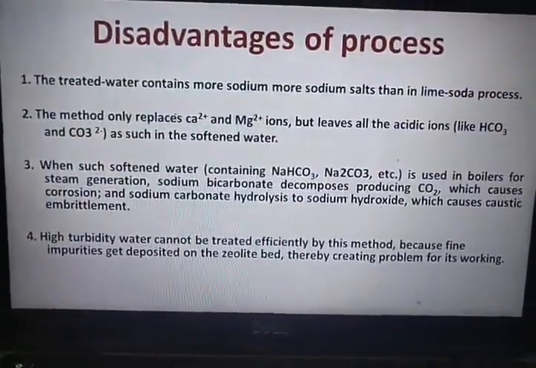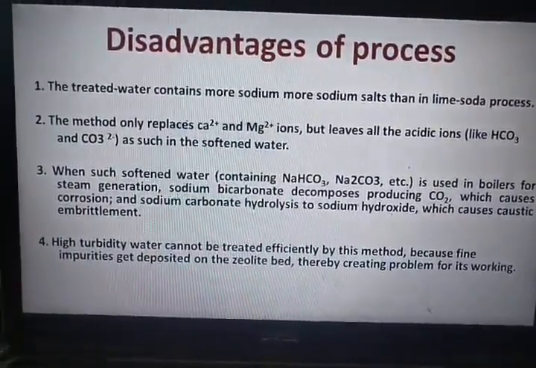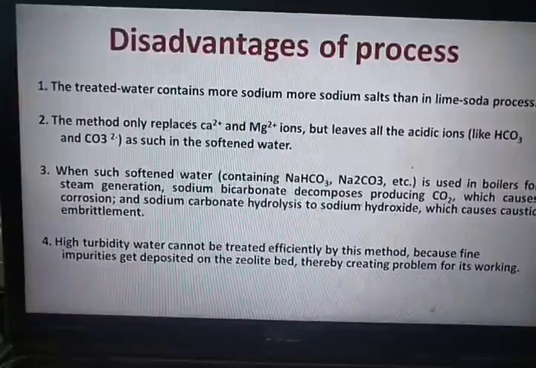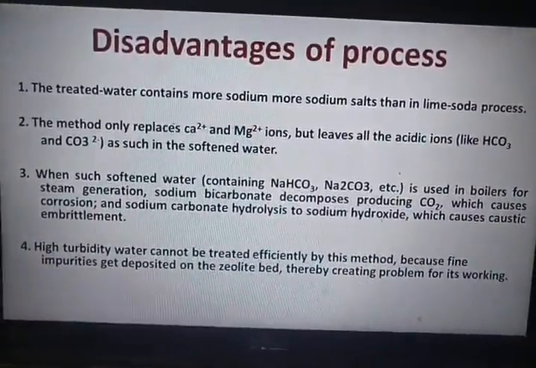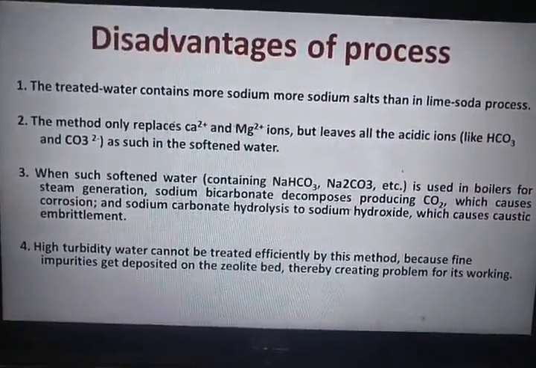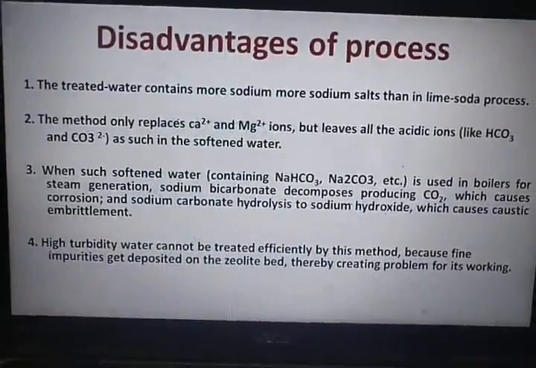Now the disadvantages of the process: the treated water contains more sodium and more sodium salts than in the lime soda process. Here the method only replaces calcium and magnesium ions but leaves all the acidic ions like carbonate and bicarbonate as such in the softened water.